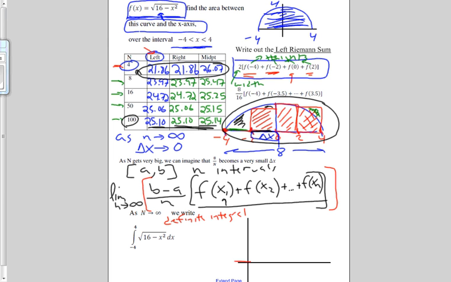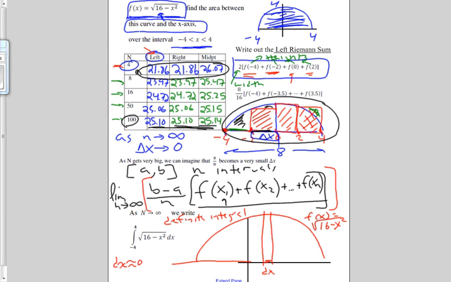So if we draw in our graph, and this is f of x equals root 16 minus x squared. What we're doing is taking infinitely thin strips, so thin that the distance between them is called dx, and dx is infinitely small. So dx is almost 0, but it's not.